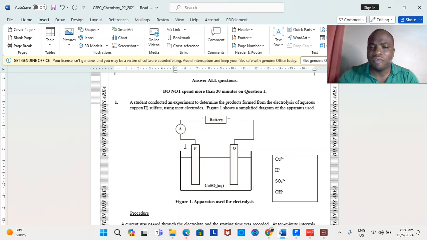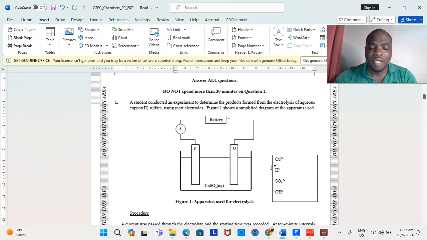But if you have a concentrated solution where you're using a halogen, lead bromide, sodium chloride, lead iodide, those would be a situation where the halogen is going to be selected at the anode. And of course, if it is dilute, then that is the time you have the hydroxide being discharged, right? So we should take that into consideration.